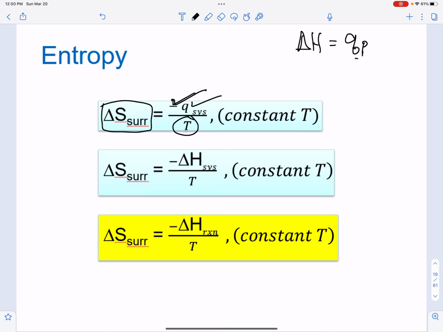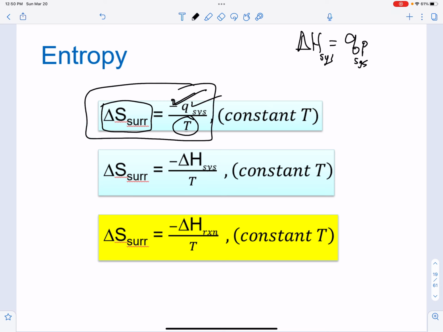So if you're measuring the heat of the system, you just got the enthalpy of the system. So we can modify this formula to show that the change in entropy of the surrounding is nothing more than the enthalpy or energy of the system released, divided by the temperature, at constant temperature.